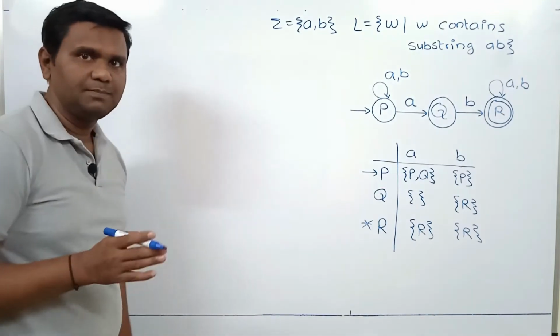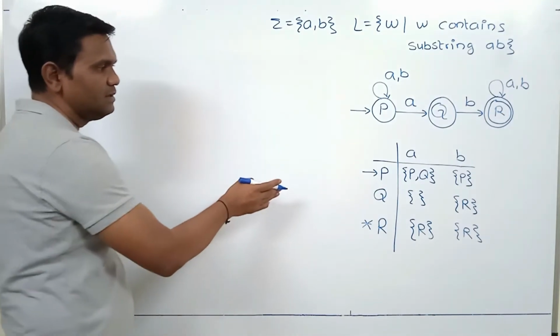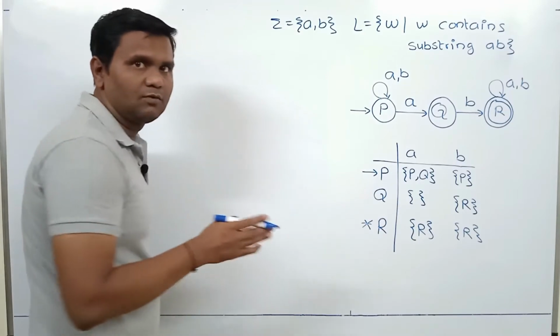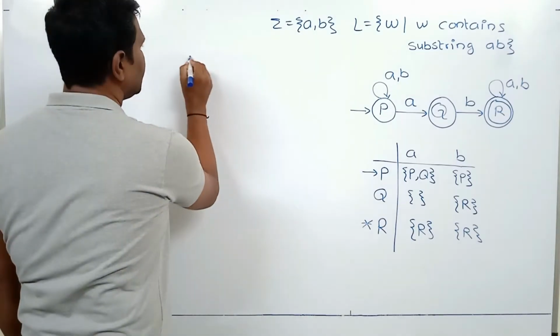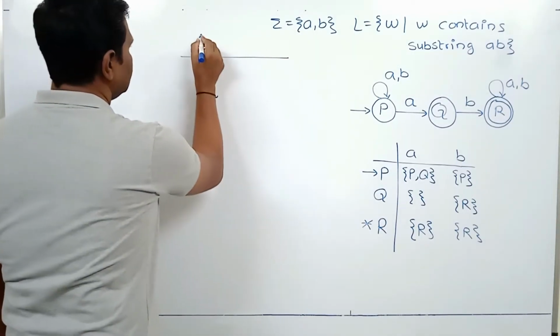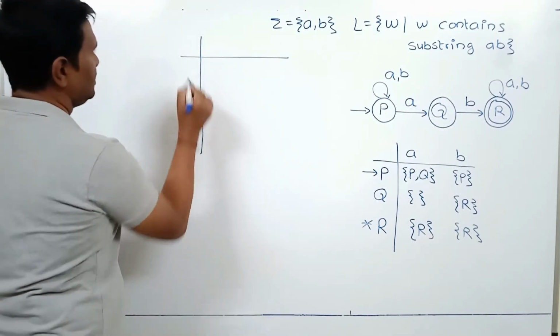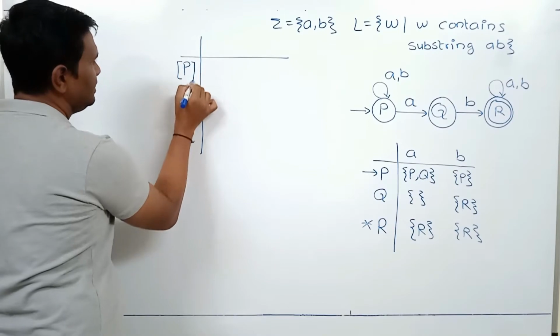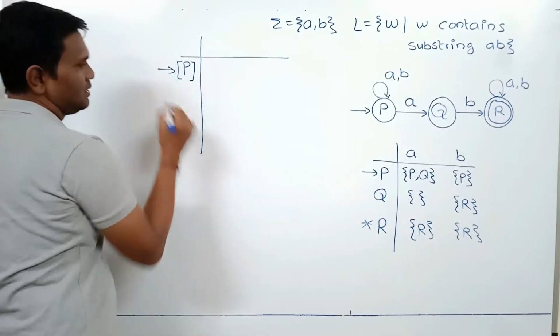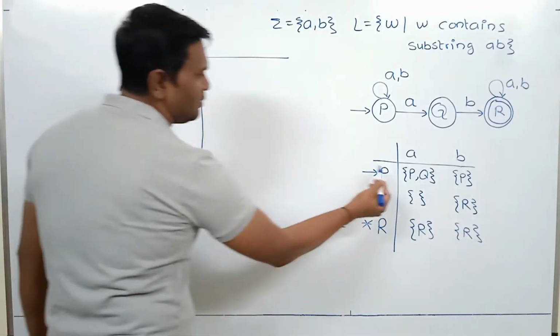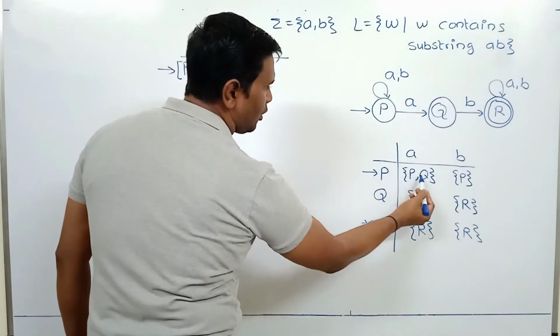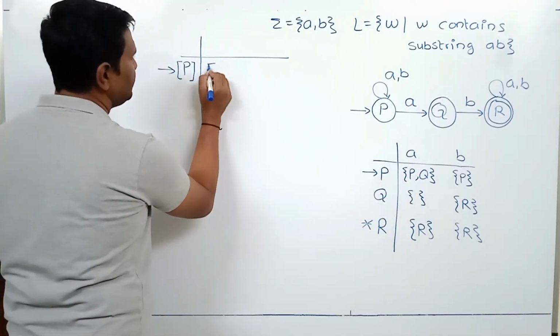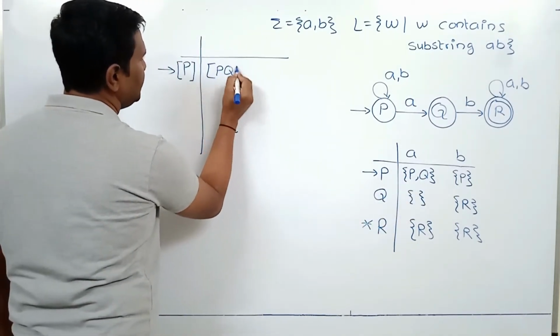Now the next step is to start writing the transition table for the DFA. So start with the initial state. This is a state in DFA. Initial state is P. P on A goes to P or Q, so the corresponding state will be PQ.